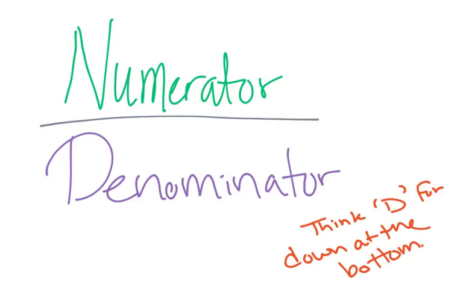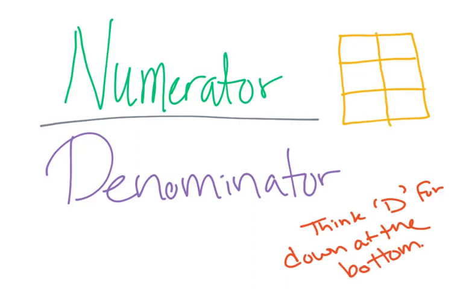So for example, if I had a cake and I divided it up into 6 pieces, I'm really hungry, so I'm going to eat 2 of those 6 pieces. To express that as a fraction, I would say that I ate 2 out of 6 total pieces. 2 is my numerator.